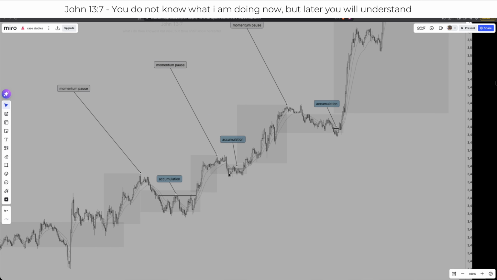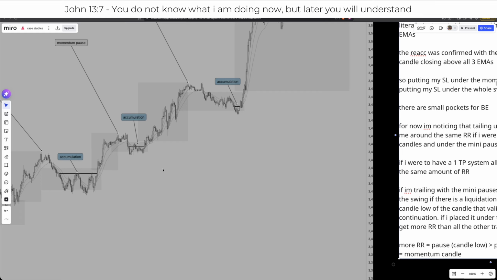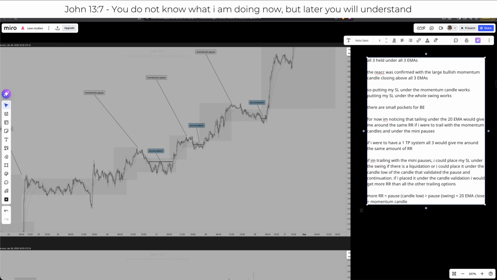All right, so this is good, and this is good. So all three of them were really good. They all held under really nicely. All three held under the EMAs.